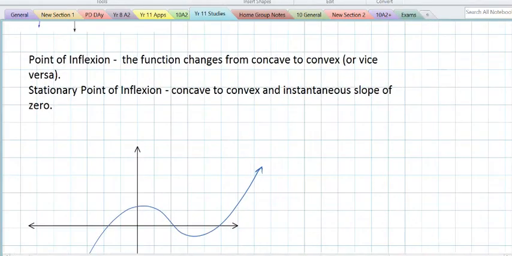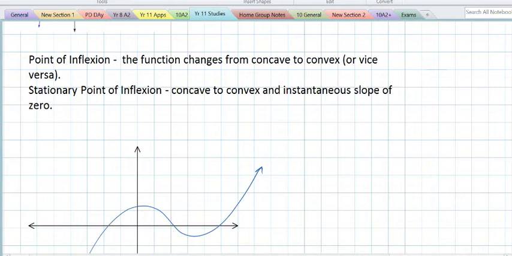Now, below is a more typical sort of cubic function. Its point of inflection is here, about where the function changes from concave to convex.